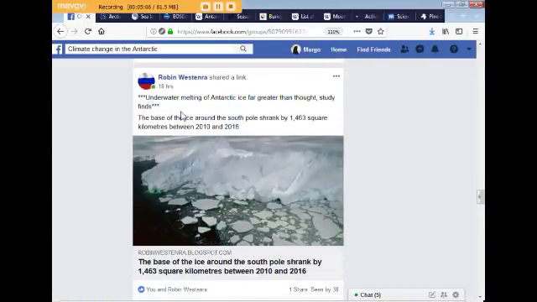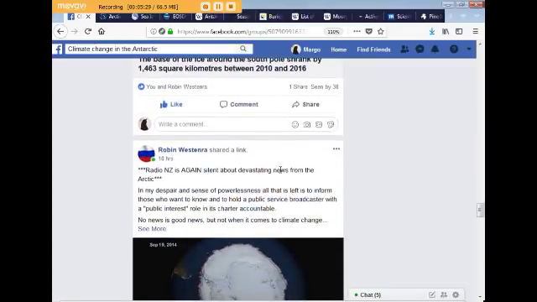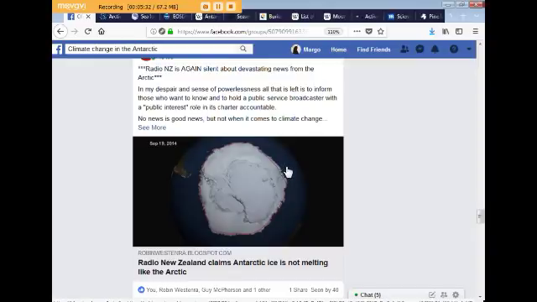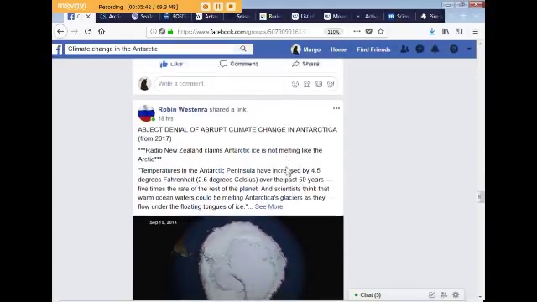Here's another one: Underwater melting of Antarctic ice far greater than thought, study finds. This is a really good blog post that he put up, and he talks all about how the base of the ice is melting because the water coming up underneath is warmer than normal, and so it's melting. And he has links to radio shows from New Zealand about the Antarctic sea ice.